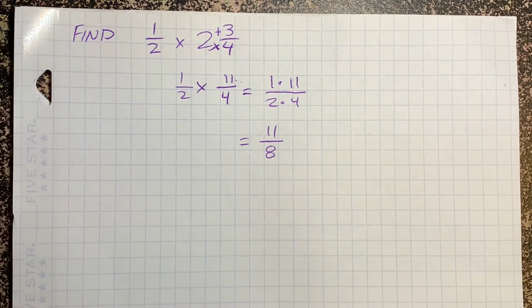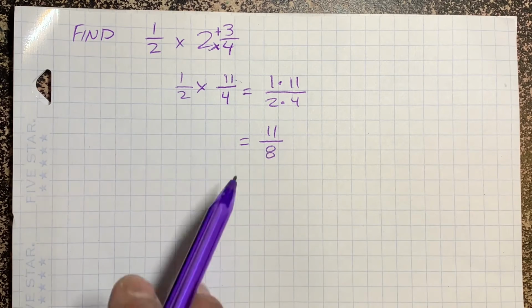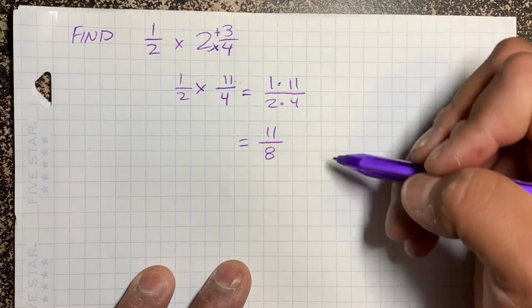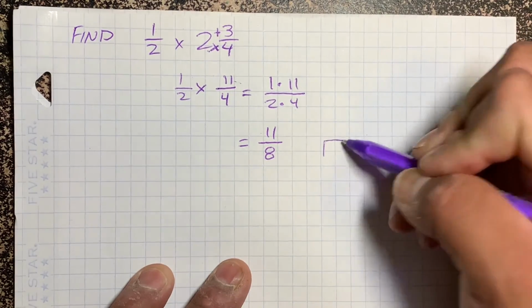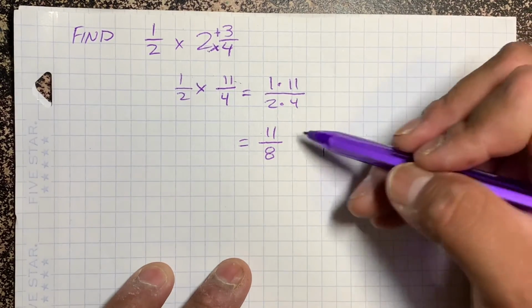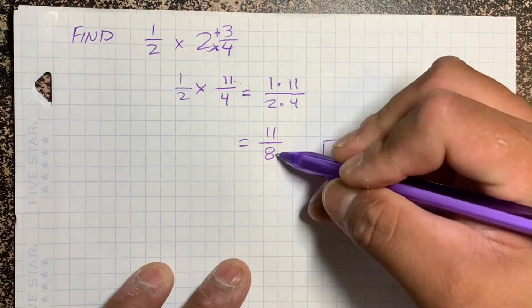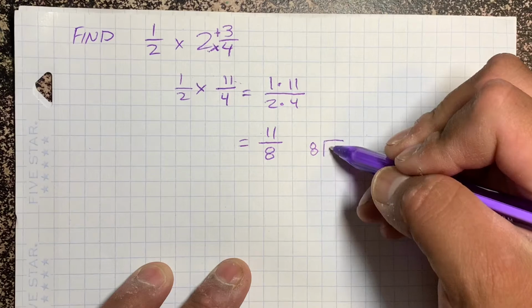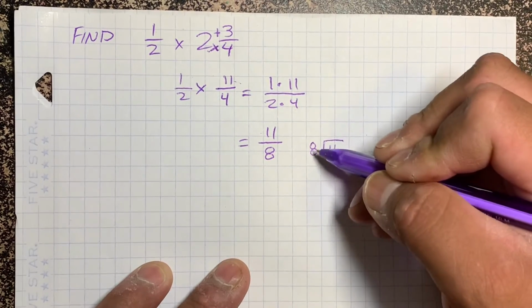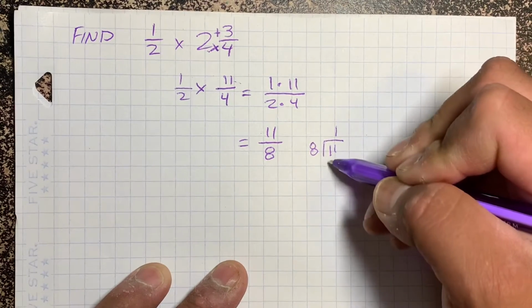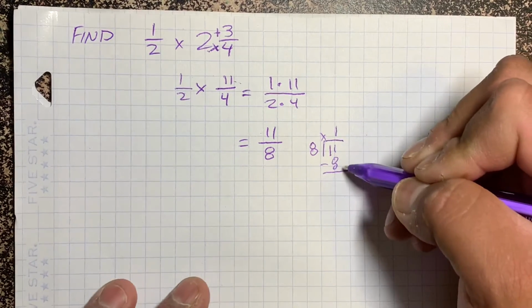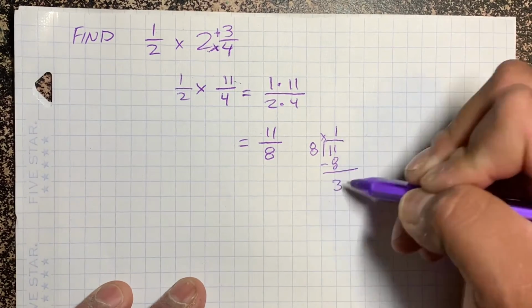Now what we have here is still an improper fraction, 11 over 8. What you're going to be doing is putting your denominator as your divisor and your numerator as your dividend. Now we know that 8 can go in 11 once, and 1 times 8 is 8. 11 take away 8 is 3.